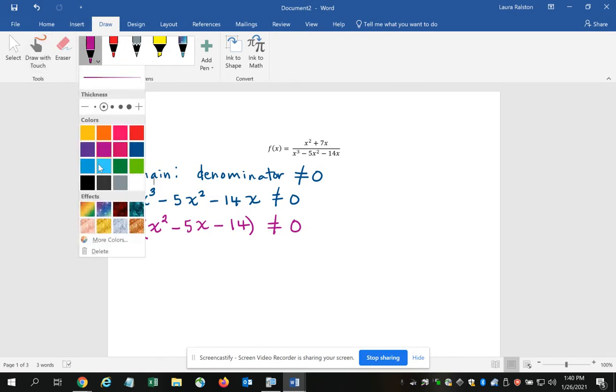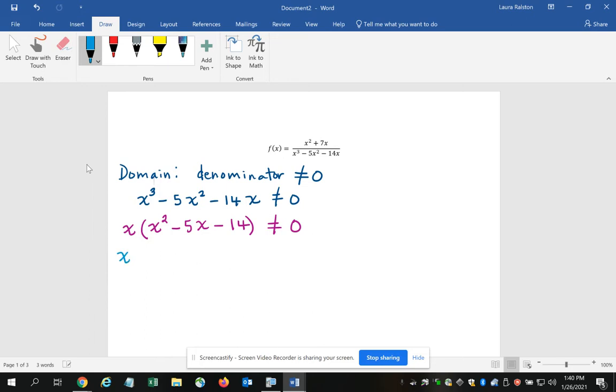Continuing with my factoring, I have x is going to tag along, and then I'm going to break down the quadratic that's inside the parentheses. I would have x times x. I need a pair of numbers that multiply to 14 and subtract to 5. I believe that would be 2 and 7.